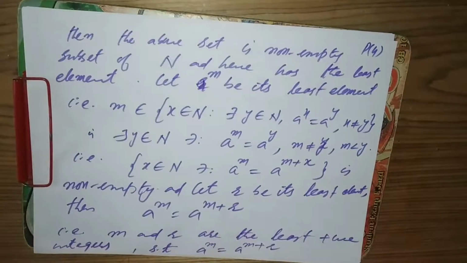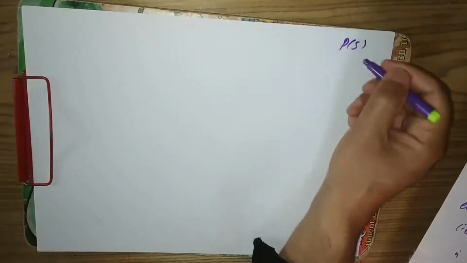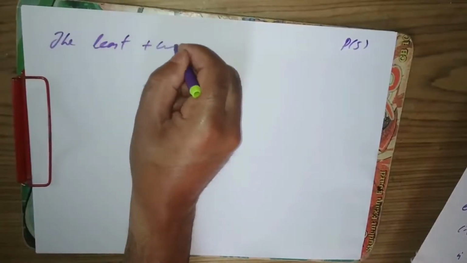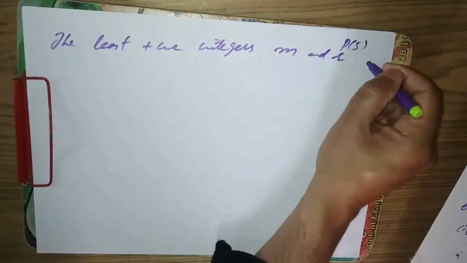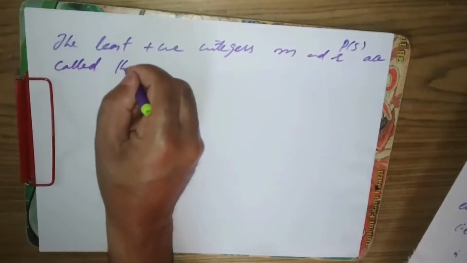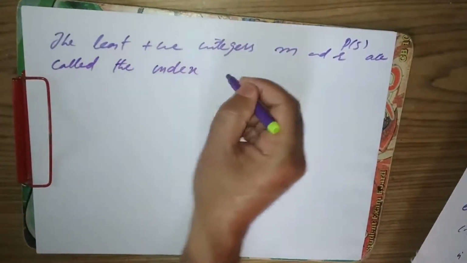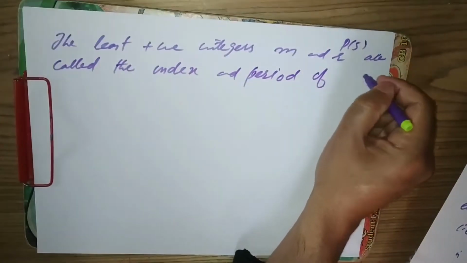And r is called the period of a. Okay, this r is called the period of a, m is called the index of a. The least positive integers m and r are called the index and period of a respectively.